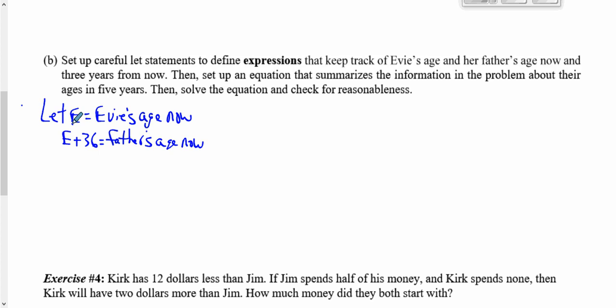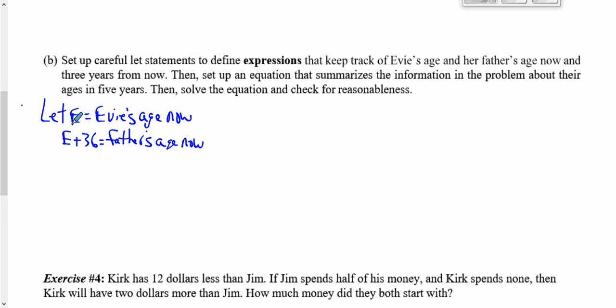Now let me ask you a question. Currently, her father is 36 years older than her. In 3 years, how much older than her will he be? Think about that. He's currently 36 years older than her. Forget the 5 times. I'm not even reading the rest of the problem.